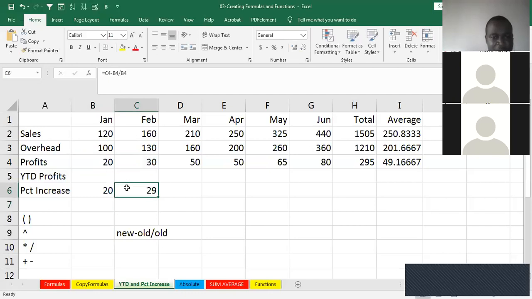The mathematical formula for arriving at percent increase is always the new value minus the old value divided by the old value.